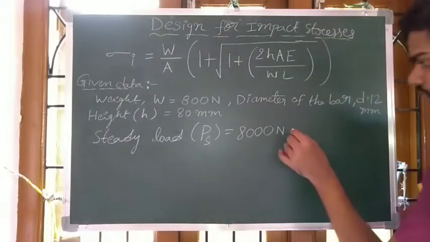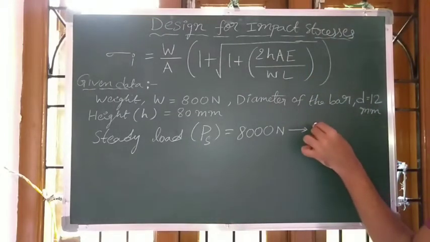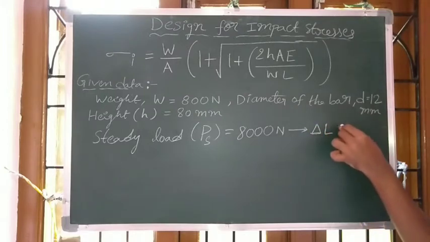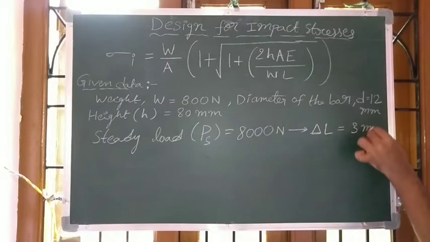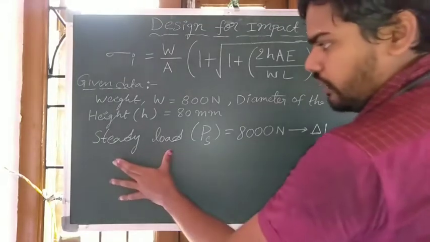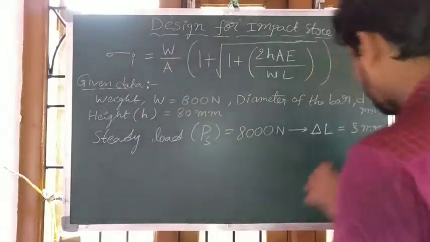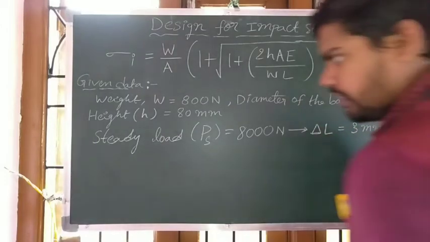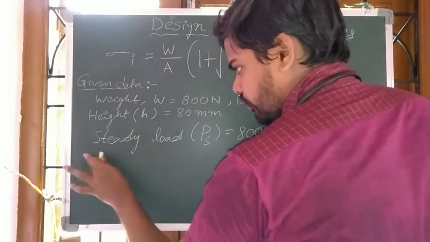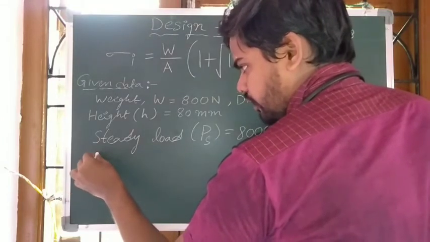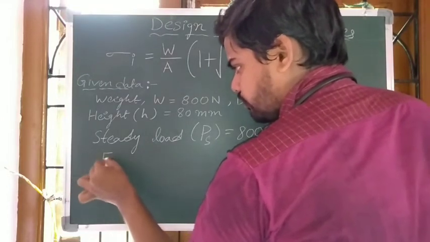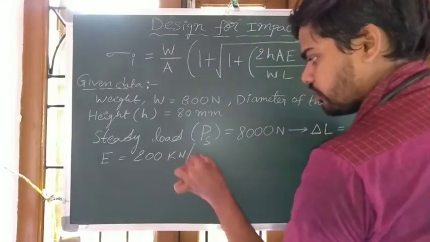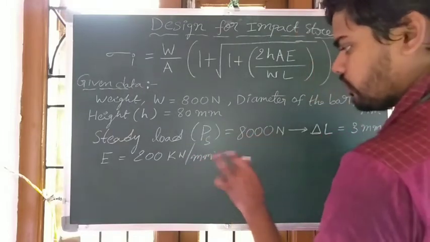Due to this steady load, it experienced some elongation: the change in length delta L, stretched by 3 mm. Again, Young's modulus is also given, equal to 200 kN per mm square.